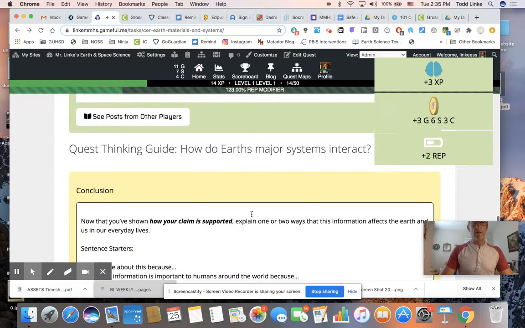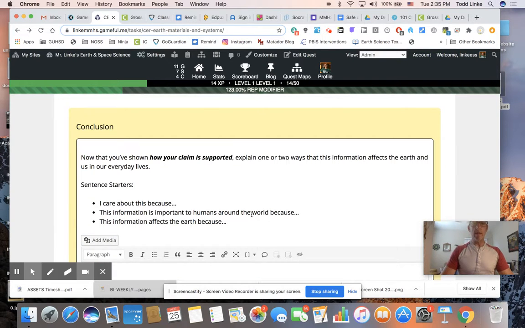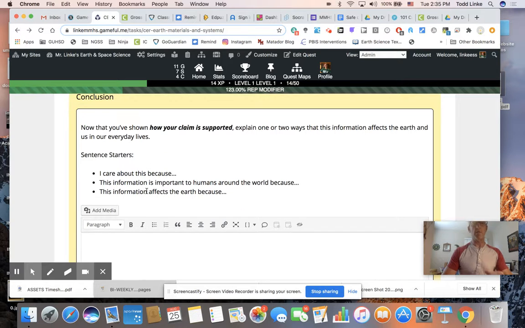Okay. Finally, my conclusion. Now that you've shown how your claim is supported, which I just did, explain one or two ways that this information affects the Earth and us in our daily lives. Ooh, this is the good one. Okay, because I want to know how this affects people or other organisms of the Earth. Ooh, I like this one because it definitely talked about how this affects people.